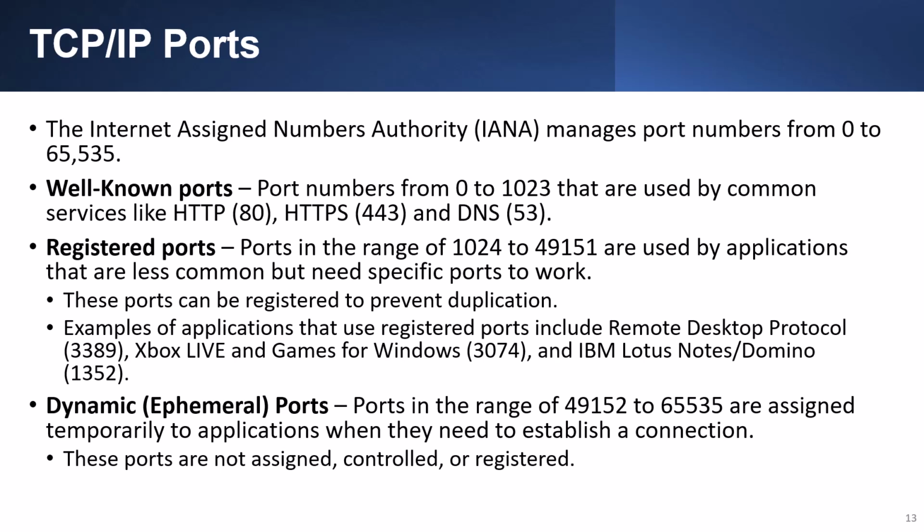Registered ports are ports in the range of 1024 to 49,151, which are used by applications that are less common but need specific ports to work. These ports can be registered to prevent duplication. Examples of applications that use registered ports include Remote Desktop Protocol, Xbox Live, and Games for Windows, and IBM Lotus Notes and Domino.